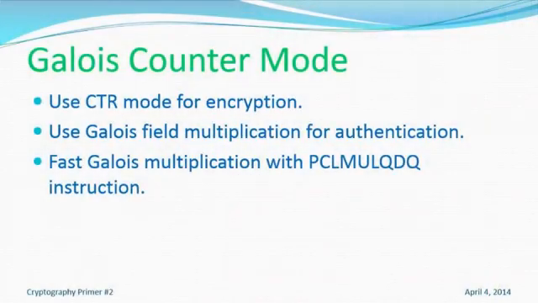So the thing that's most popular today is what's called Galois counter mode. And Galois counter mode does, and I think this is the last slide of substance here, uses counter mode again for encryption, but instead of going through this whole added layer of encryption, running a block cipher, which is churning, right, 10 rounds of AES, 12 or 14 rounds of AES, whatever it is, to do each block, it's doing something called Galois multiplication.